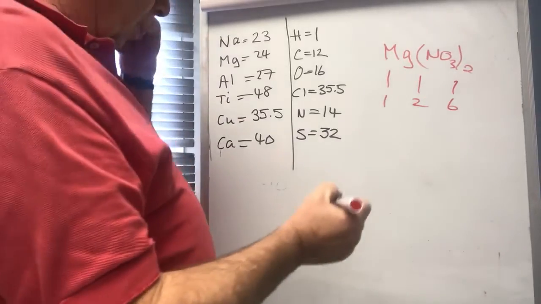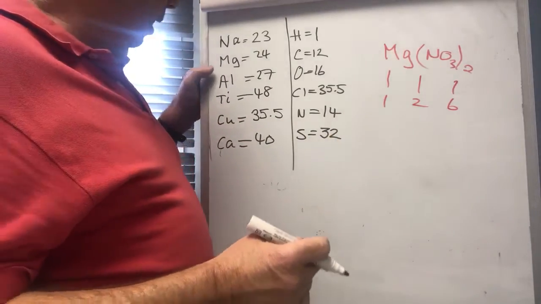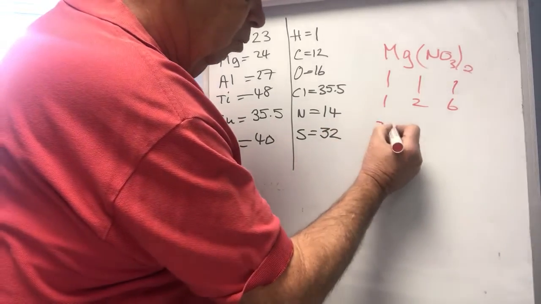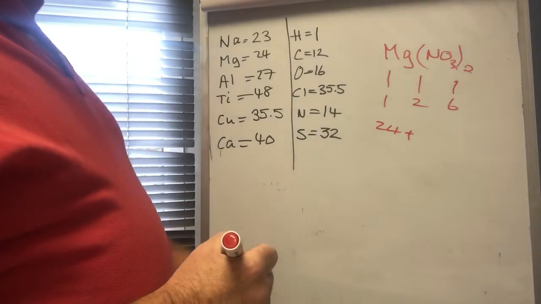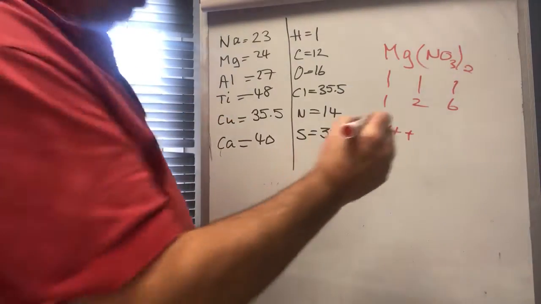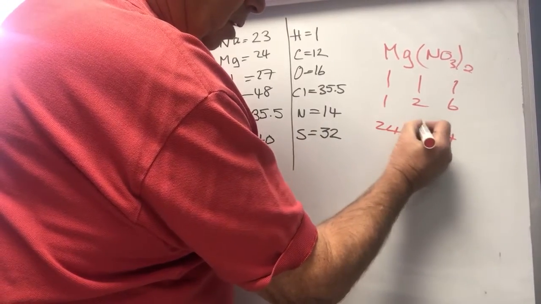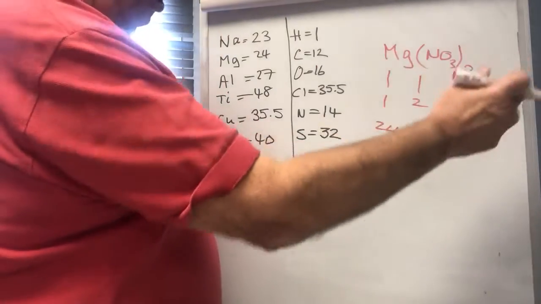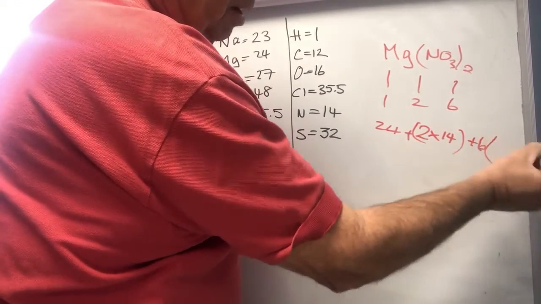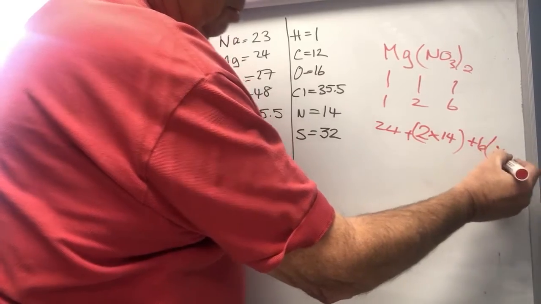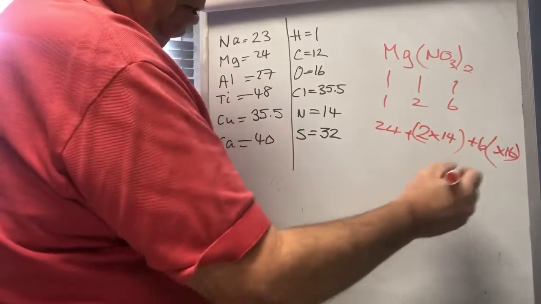So that would be magnesium, its atomic mass is 24, plus nitrogen is 2 times 14, oxygen is 6 times, I'm doing a bracket, I could put 6 times 16, 96 that is.